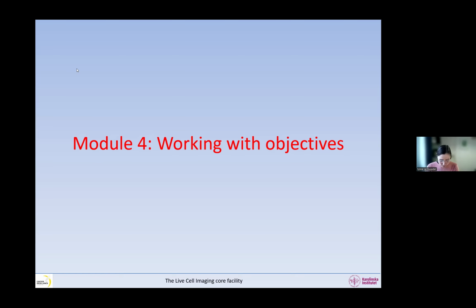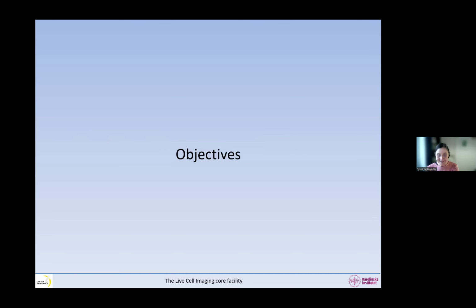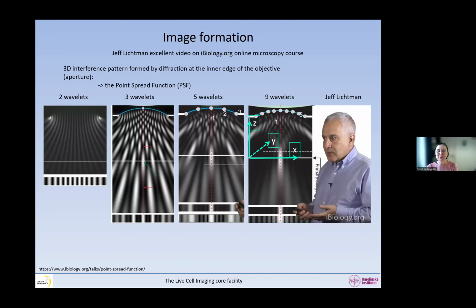Okay, today we're going to talk about objectives, and there's lots to be said. So we've seen this already once, a very nice video by Jeff Lichtman about the point spread function and the way it forms with these little wavelets that form at the front lens of the objective, and then more and more wavelets.